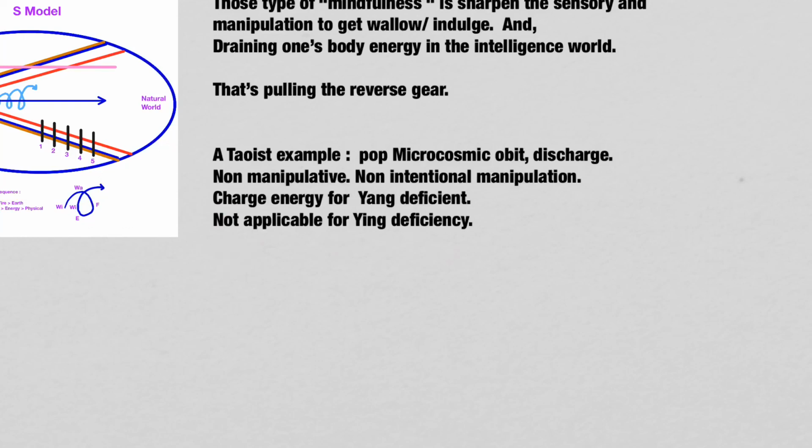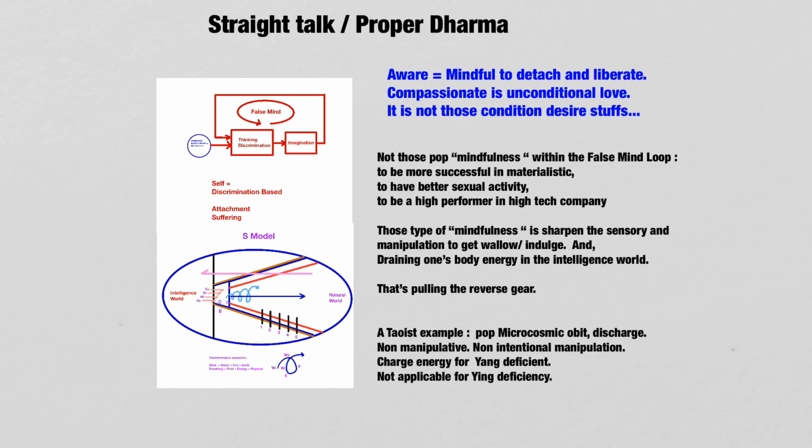Like if you are, say, 60 years old, have diabetes, or high blood pressure, or kidney or different types of issues, it's not for that. Because the microcosmic orbit is the type of practice which the Chinese call rising fire.